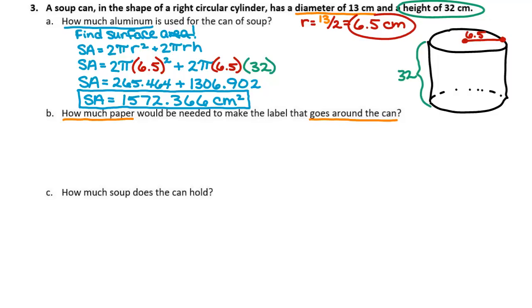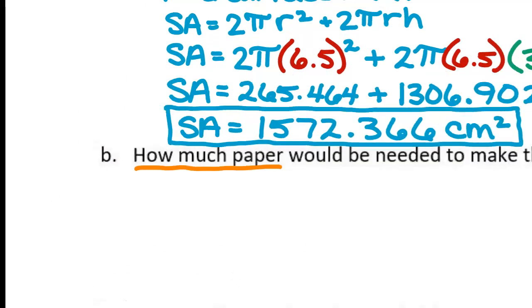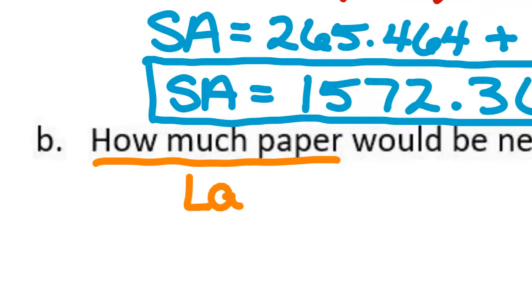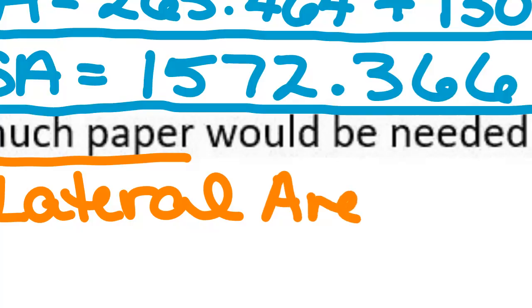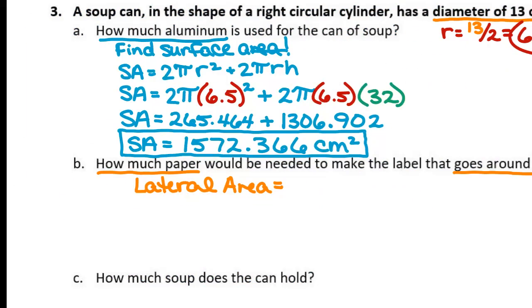Does anybody remember what we call the body of the can if we're not including the top and the bottom? This is our lateral area. Yes, we want the lateral area. So we have to figure out what part of the surface area formula is my lateral area. 2 pi r squared.